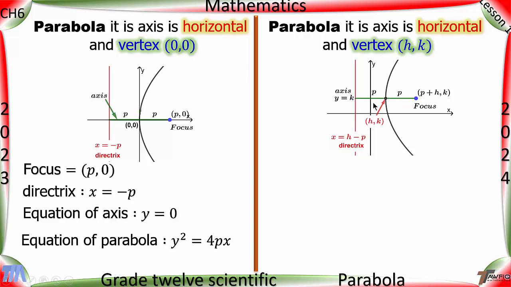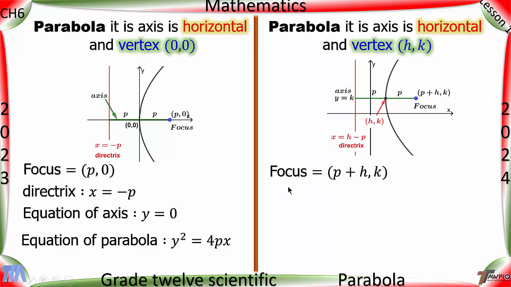Because these two distances are equal, the focus is (p plus h, k) and the directrix is x equals h minus p, and the equation of the axis is y equals k, and the equation of the parabola is (y minus k) squared equals 4p(x minus h).